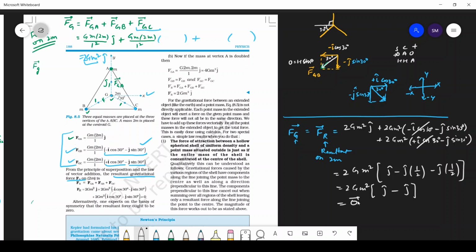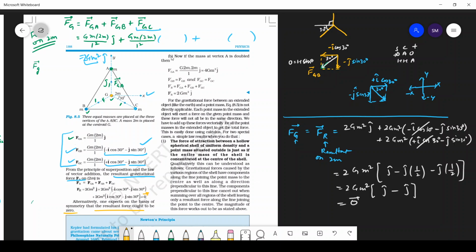So this force is 0 if you write it in terms of vector, so here also there should be a vector, a 0 vector, null vector. Obviously this is symmetry: in all three directions this mass 2m is being pulled, so one expects on the basis of symmetry that the resultant force ought to be 0.